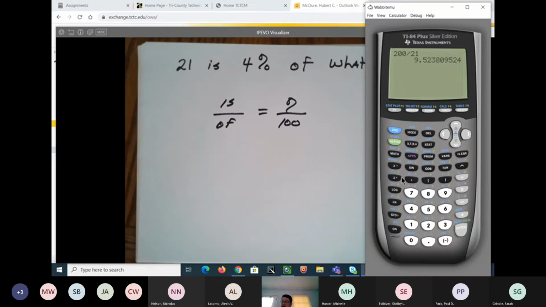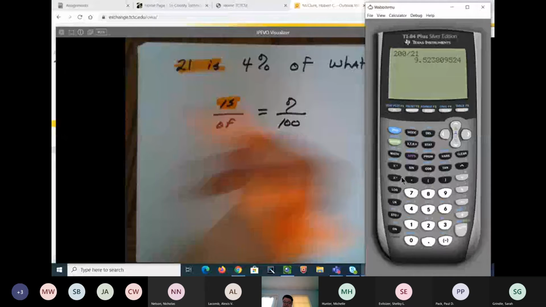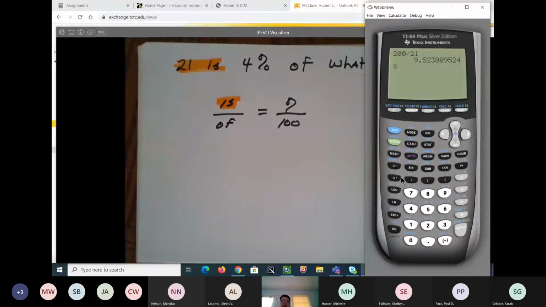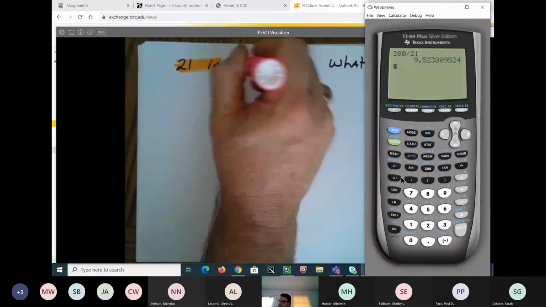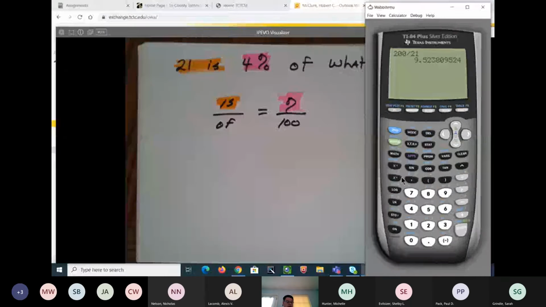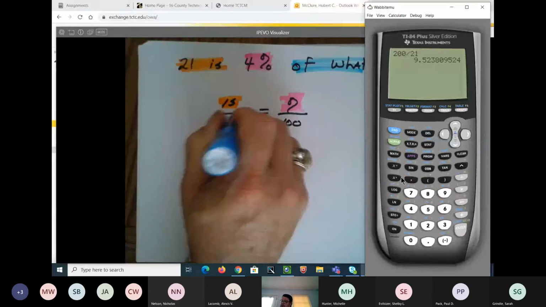Take my handy dandy highlighter. 21 is 4% of, so now I'm going to plug and chug.